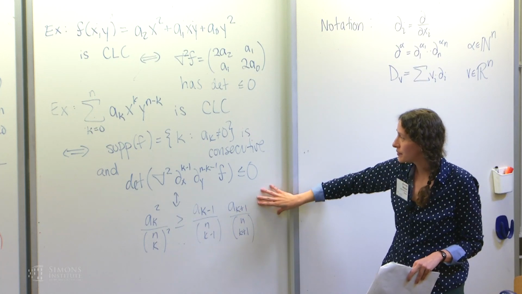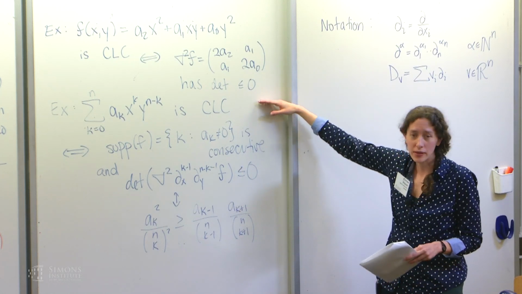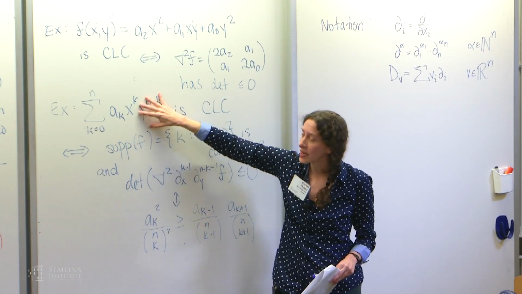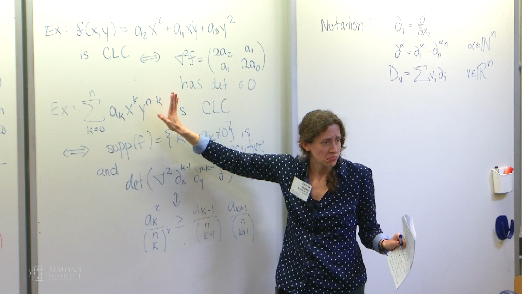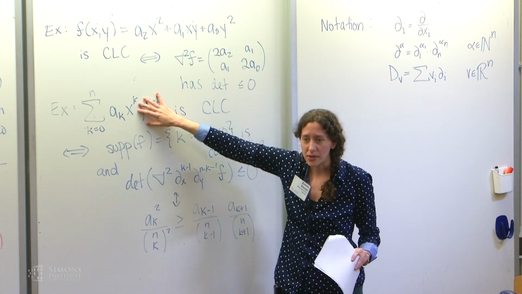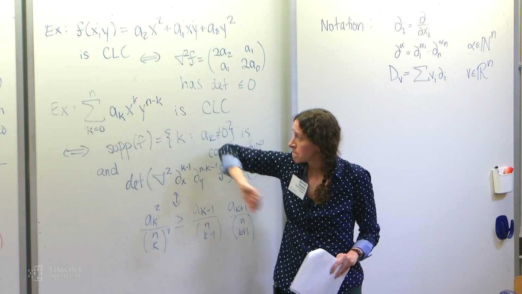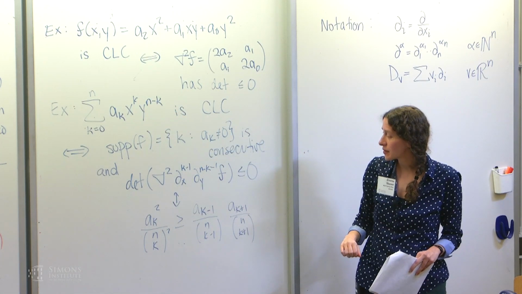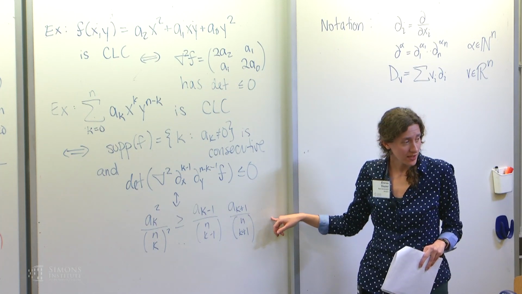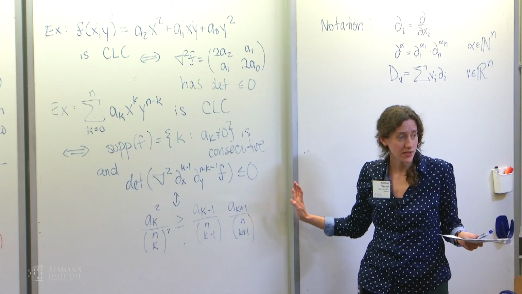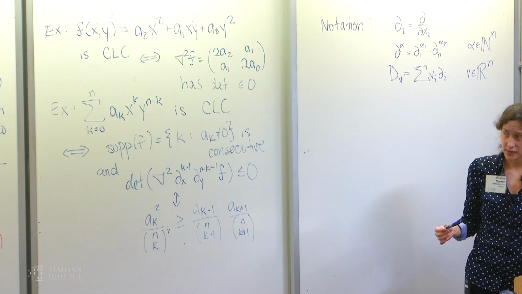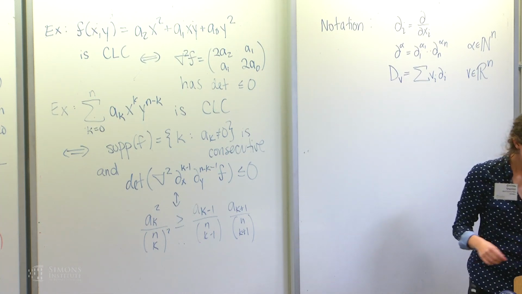And so here, we really see already there's a difference with real stable. So this polynomial is stable if and only if the univariate polynomial is real rooted. The real polynomial you get by restricting y to 1 is real rooted. That's the condition for stability, which implies these inequalities on the coefficients, but is not equivalent to these inequalities on the coefficients. So we really get something stronger than stability.